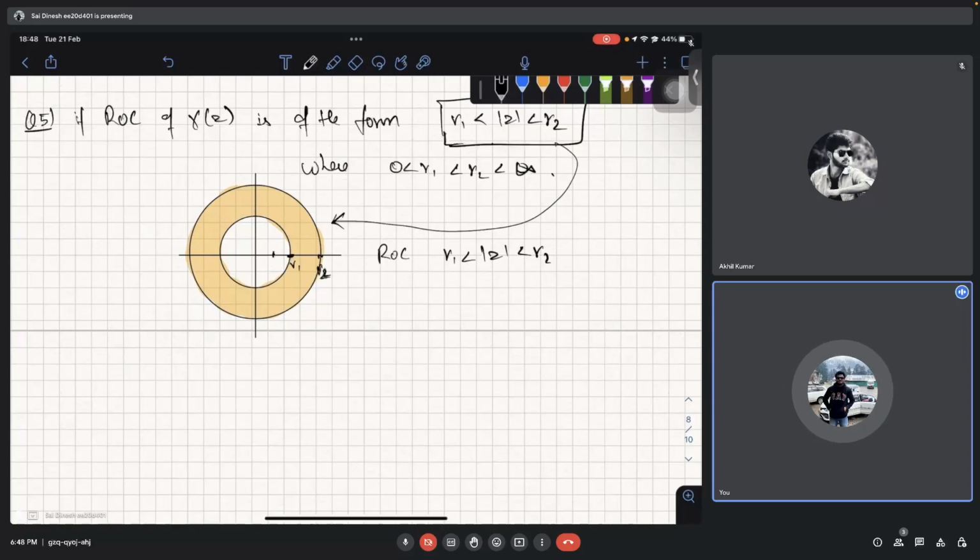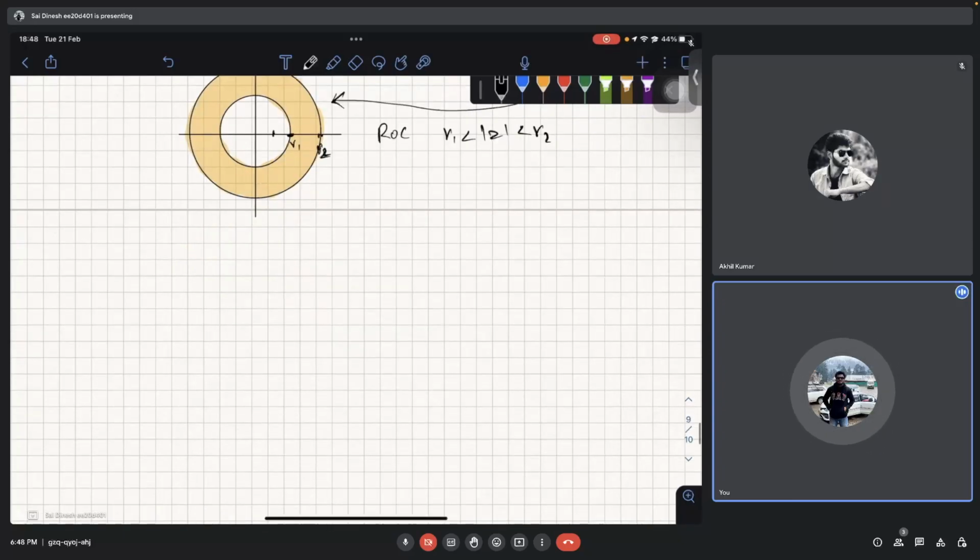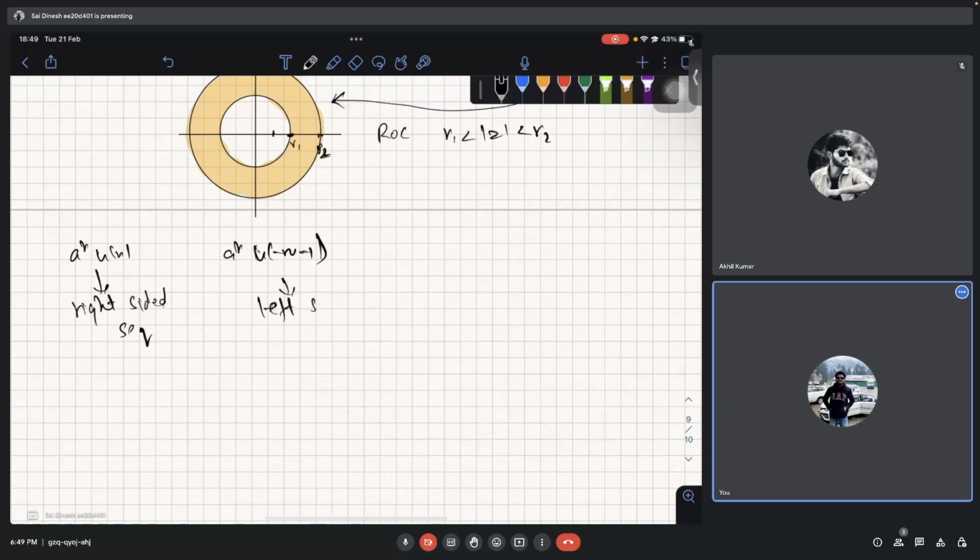two-sided finite duration sequence? We know from the examples that we have done, like a power n u of n and a power n u of minus n minus 1, this is a right-sided sequence and this is a left-sided sequence.